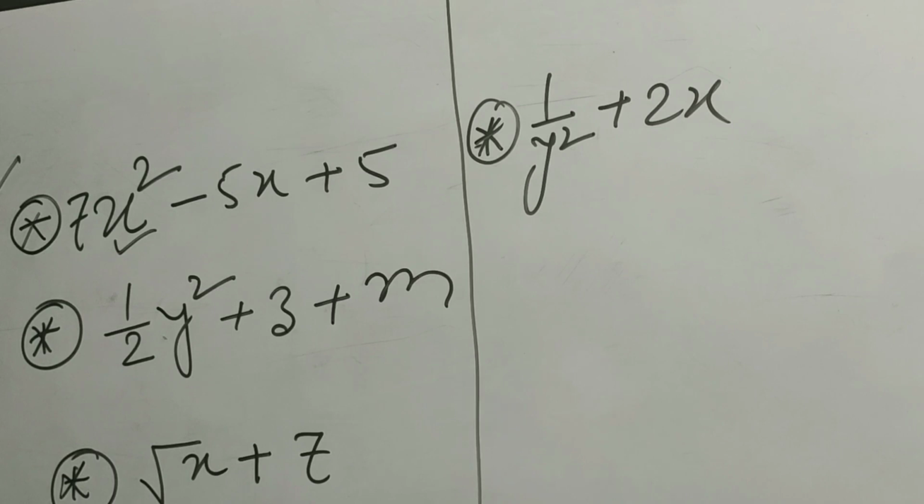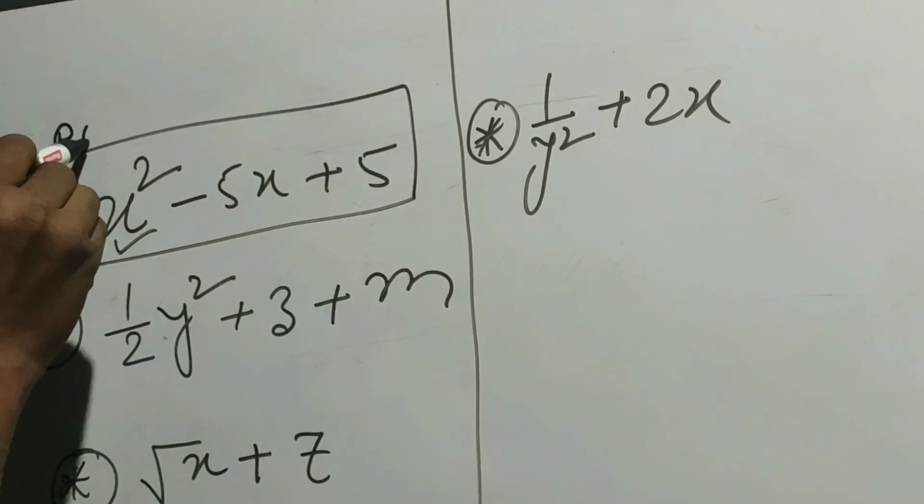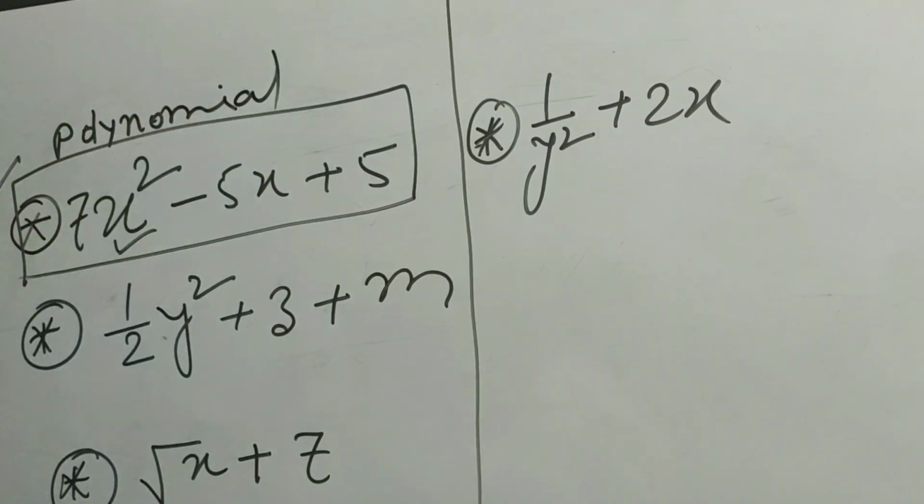What is the power of this variable? 2, isn't it? If the power of the variable in any algebraic expression is a whole number, then this kind of expression is called polynomial. So it is a polynomial. This algebraic expression is known as polynomial.